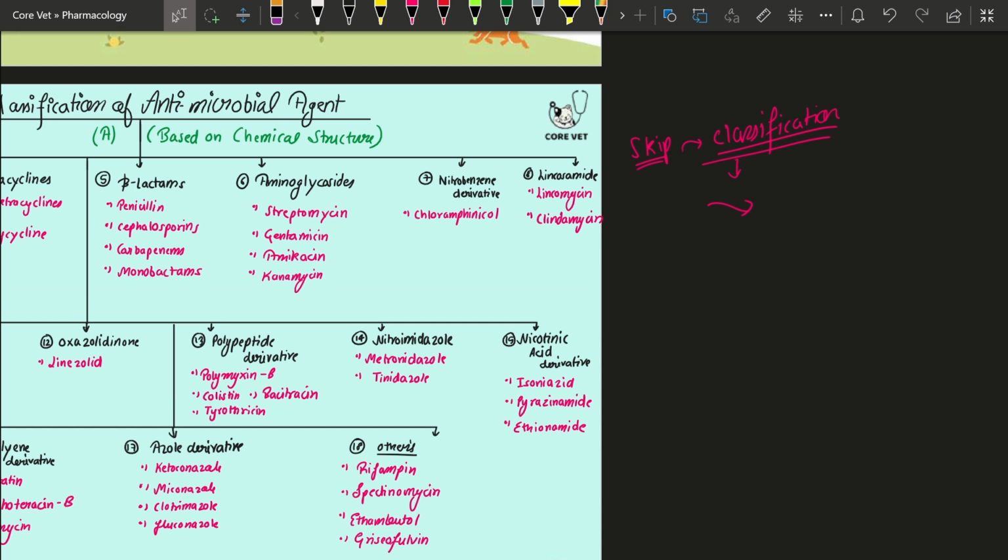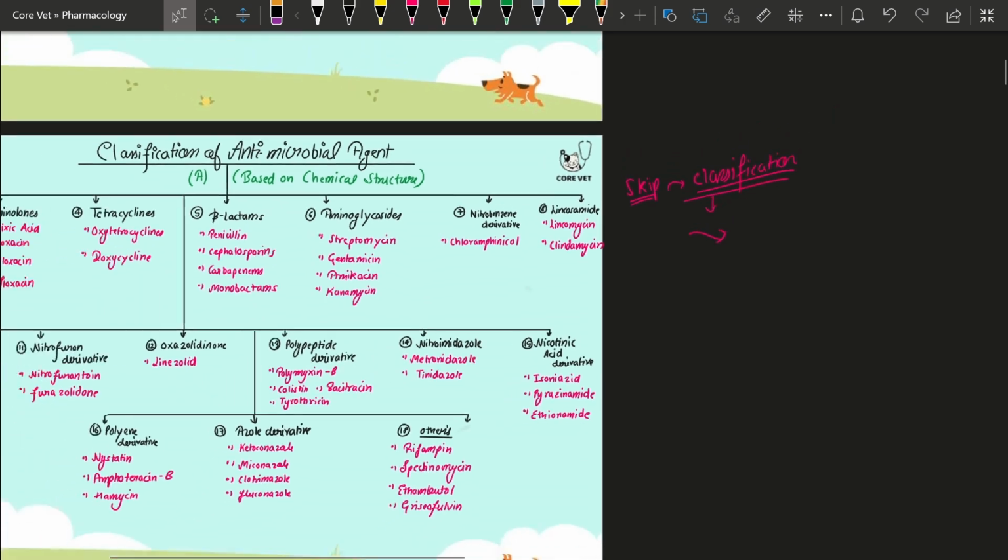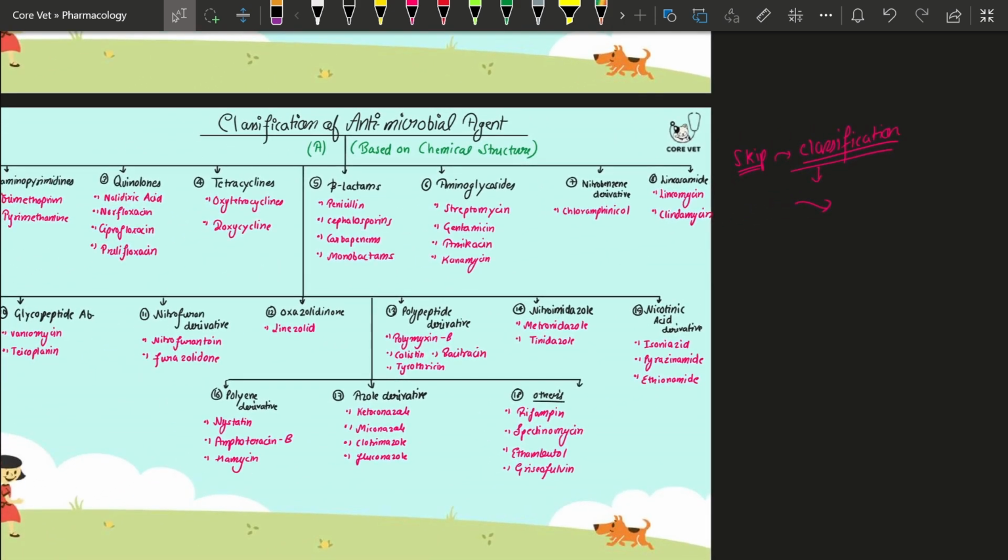If you are going to learn the examples later, it doesn't matter whether you learn them over here, because you are going to learn more examples there. We're going to have more examples in the classes of the drugs, because the classification there is much bigger than this itself, right? So you're going to learn that particular classification in the later part.